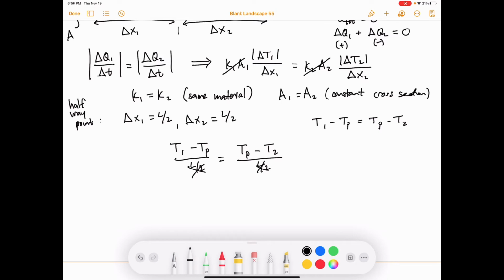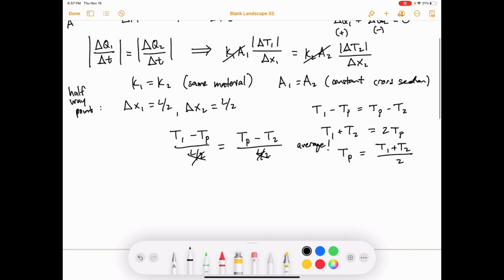So let's rearrange that. We have T1 plus T2 equals 2 times Tp. That is, Tp is just (T1 plus T2) over 2. It's the average of the two temperatures. So you might have been able to guess that, but this is how it works out.